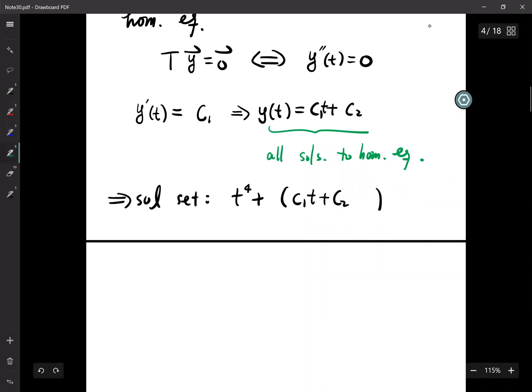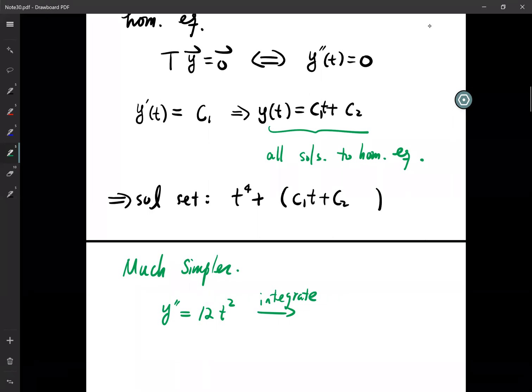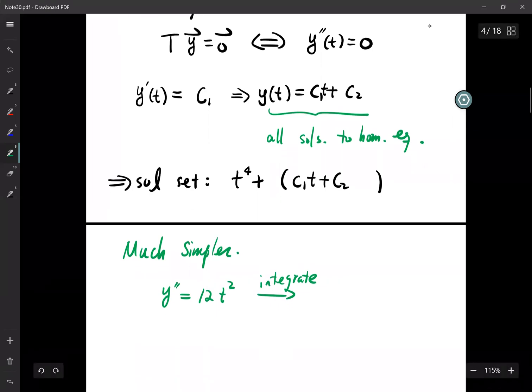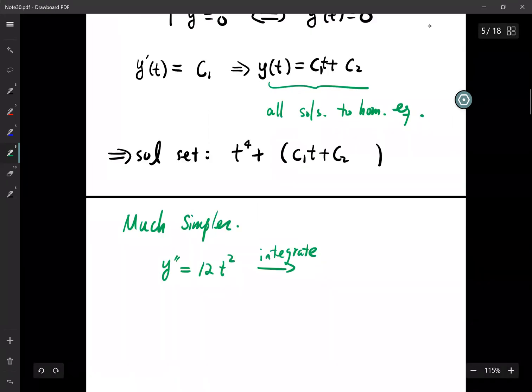I mean, a much simpler way, from calculus 1A, I know y double prime equals 12t squared, and I just integrate. I know it is a second order thing, so I integrate once, I have a C1, integrate twice, I have C2, and that's it. So of course, that would be the right way to do it.